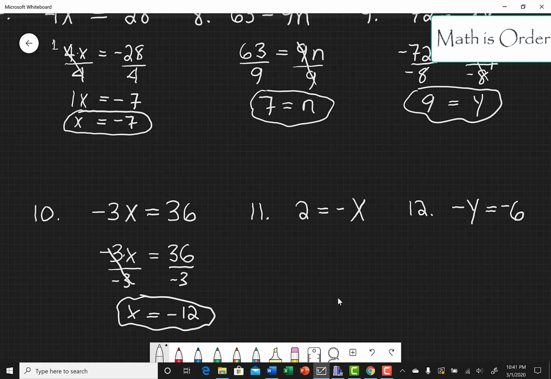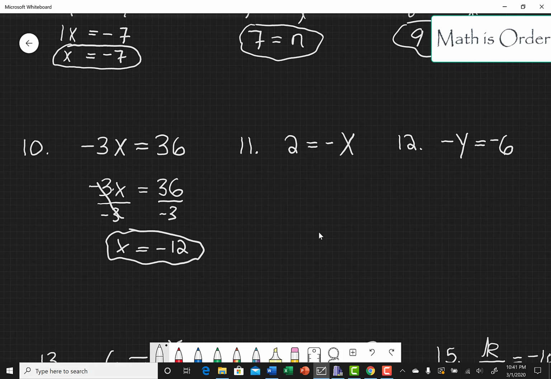And in the same way that we checked some of the questions earlier, we can also check this. Let's check it now. All we got to do is see, is it true that when I substitute negative 12 in for x in the original problem statement, the left-hand side is going to equal the right-hand side?